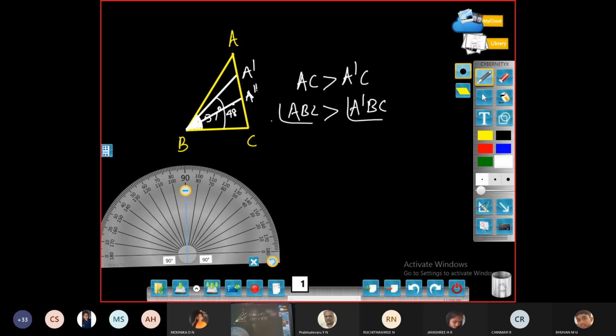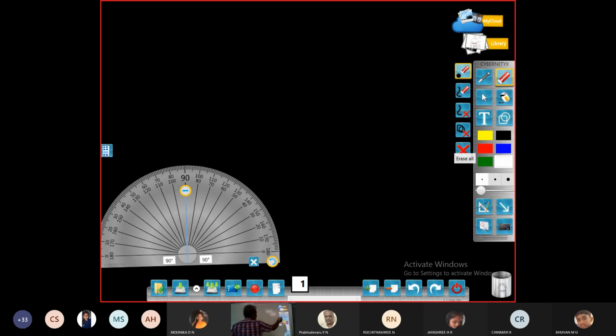So now we'll take a scalene triangle, and we'll measure all the sides and all the angles. So let me take one scalene triangle.